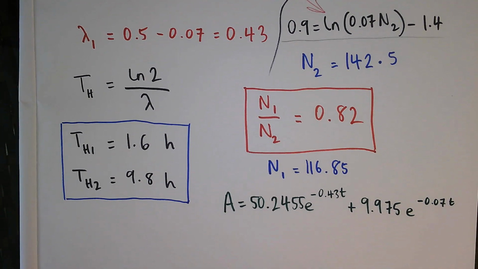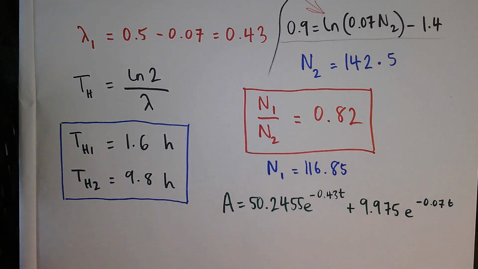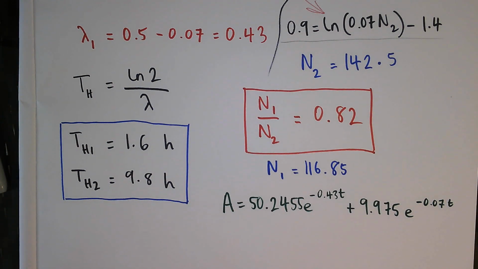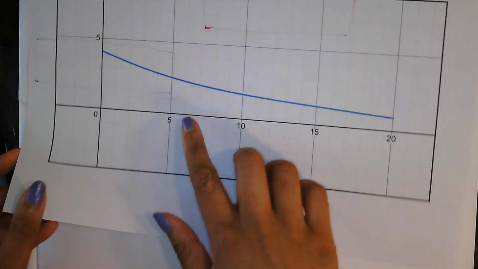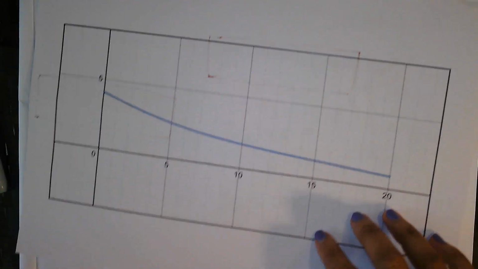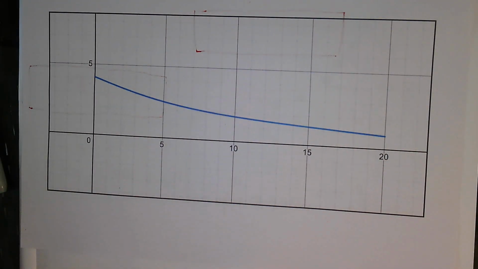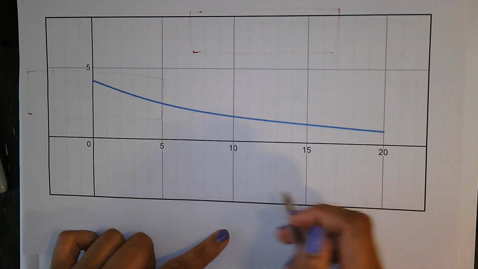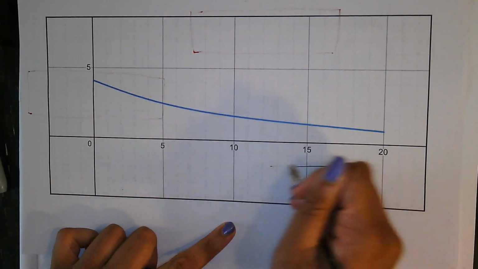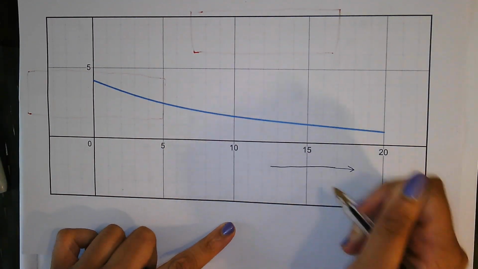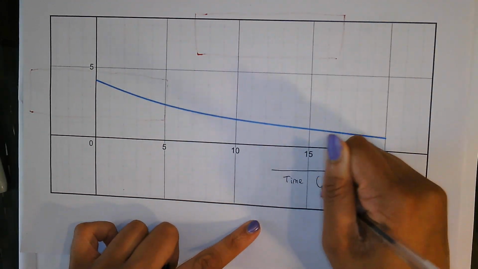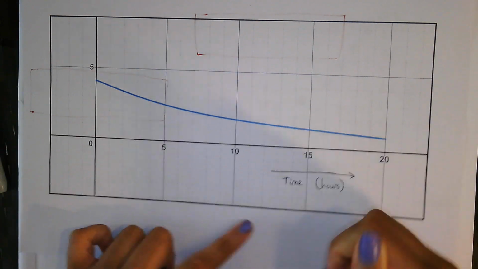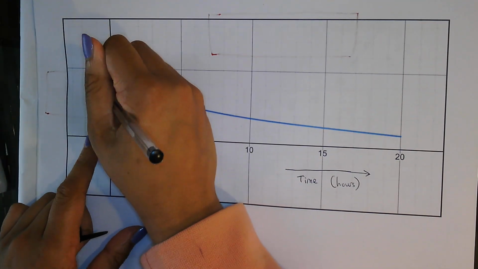And if I plot this graph using some plotting software, which I have done here, so that's this graph here, this axis is the time axis, so that's time, which was in hours, and this axis is the axis for ln A.